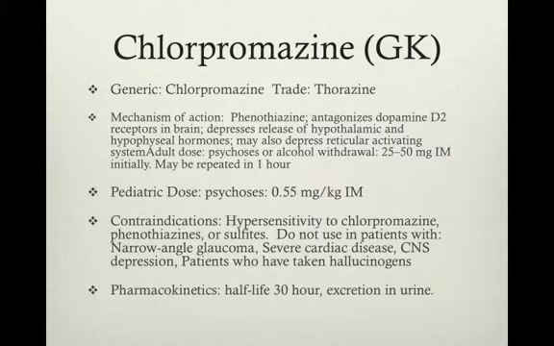Contraindications: any hypersensitivity to chlorpromazine or Thorazine or phenothiazines or sulfites. Do not use in patients with narrow angle glaucoma, severe cardiac disease, CNS depression, or patients who have taken any hallucinogens. Pharmacokinetic half-life 30 hours and is excreted in the urine.